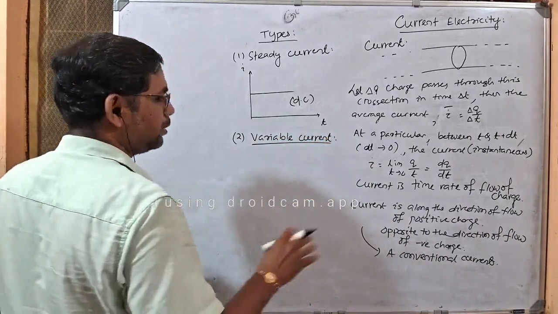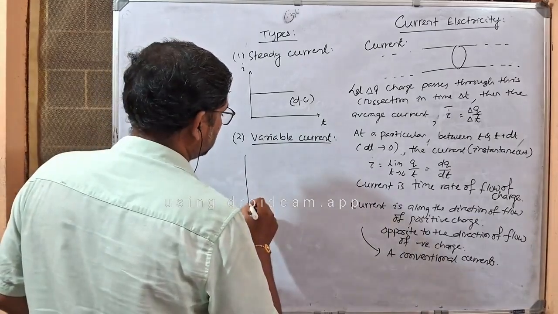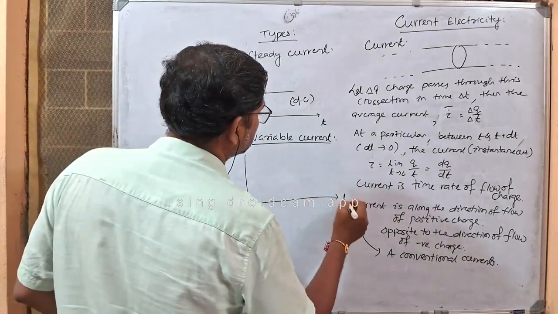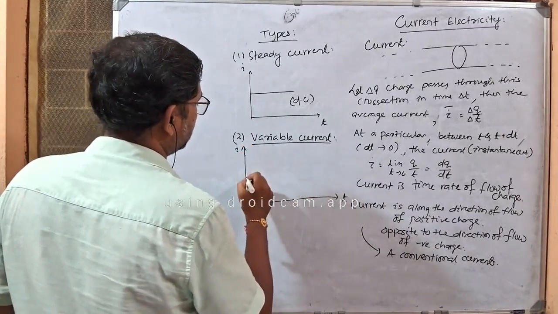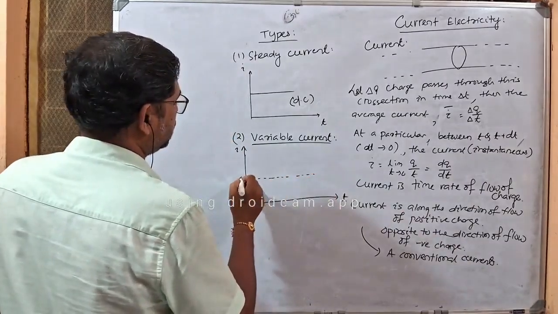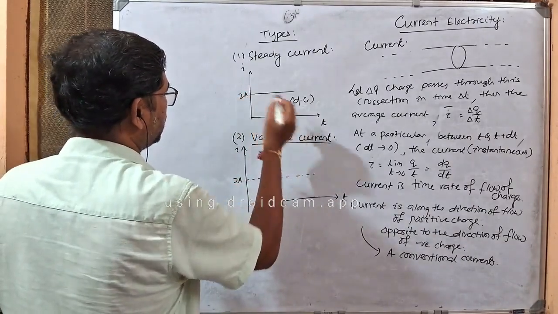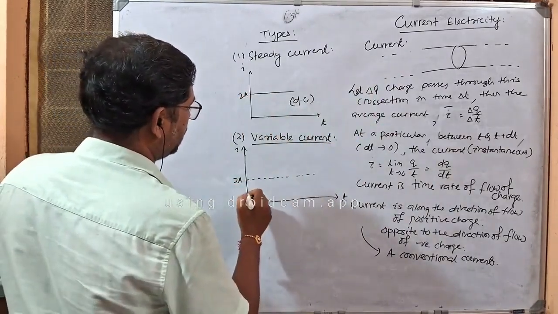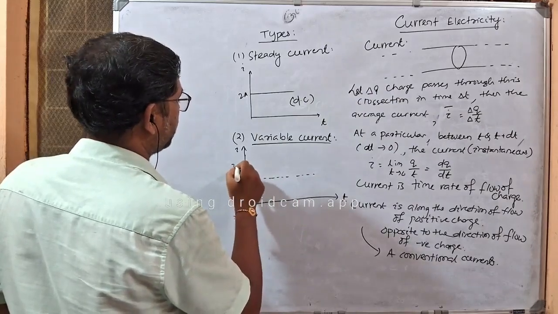What is that? For an example, similarly this is the time axis, this is the current axis. I'll draw a dotted line, and suppose this is 2 ampere, always 2 ampere current, this is 1 ampere, and this line is 3 ampere current.